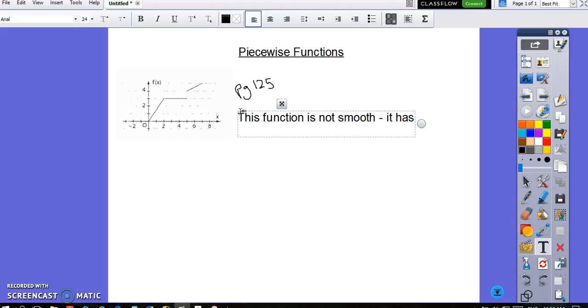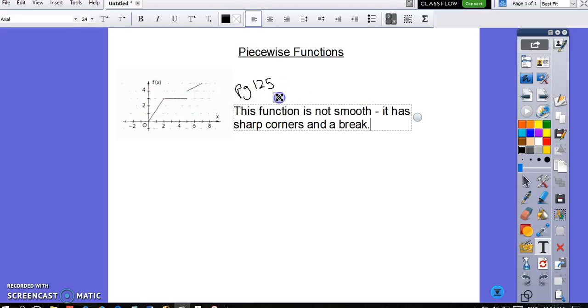It has sharp corners and a break in the function. And you can see that here it has a sharp corner at the point 2,3 and a break here when x is equal to 5, and so it's not smooth like the ones we've been looking at before.